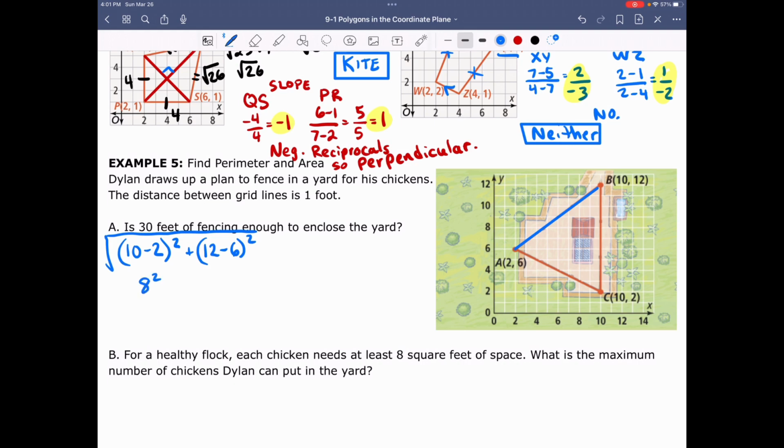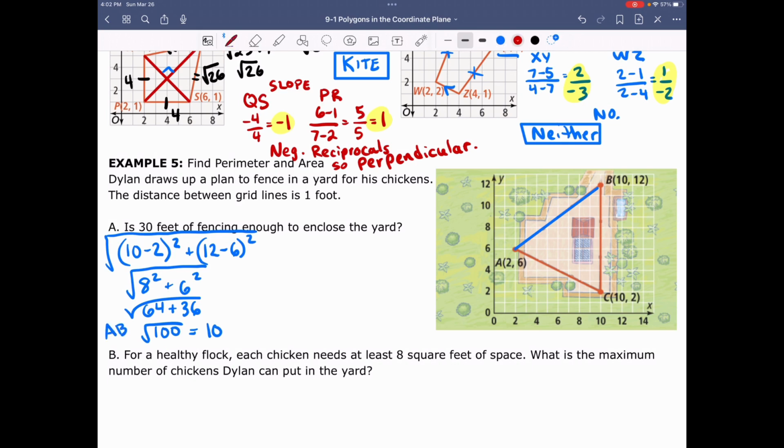Square it. 12 minus 6 is 6. Square it. So that's 64 plus 36, which is 100. And the square root of 100 is 10. That was the distance for A to B.